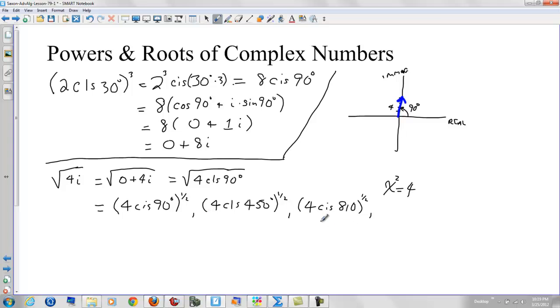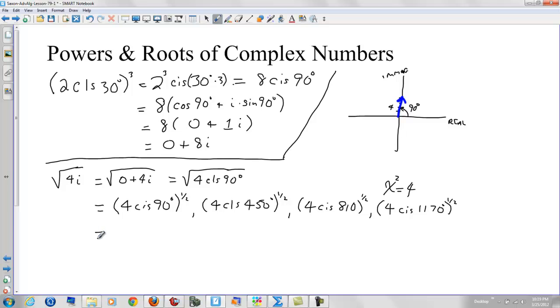Now, of course, I've written down 3 here. I'm going to write down a 4th just for emphasis. And that's going to be going around again from 360. So I would have 4 cis, if we add 360, we get 1170, I believe. And I'm going to raise that to the 1/2.